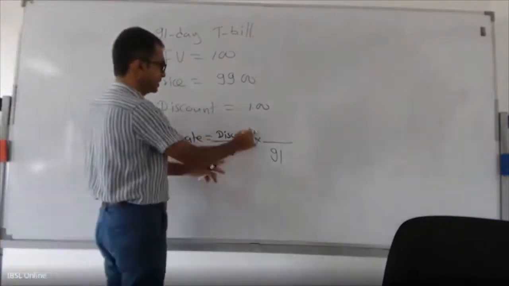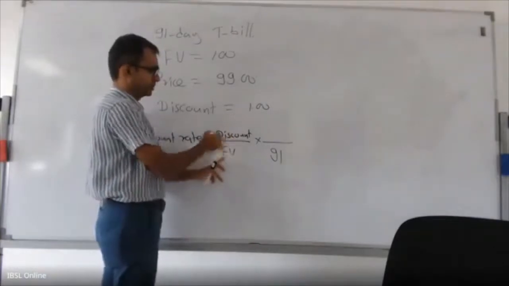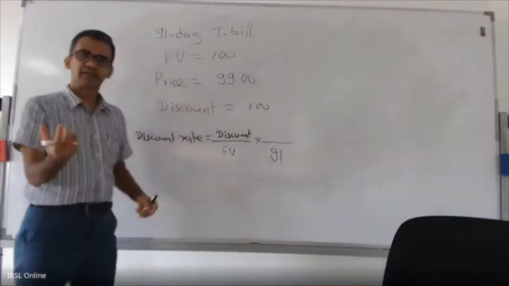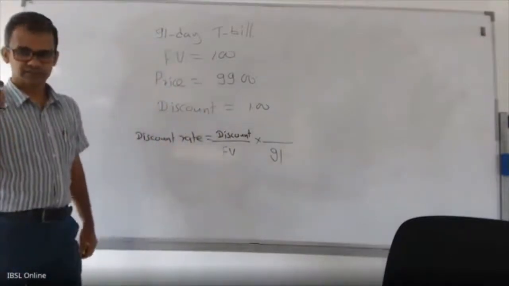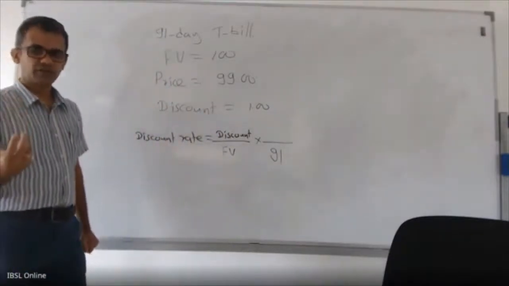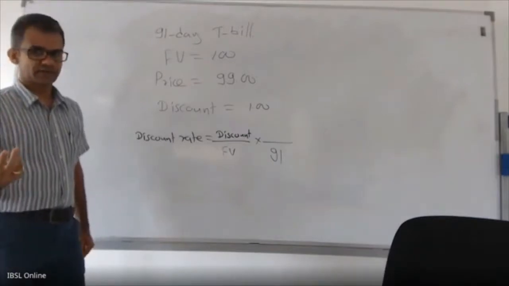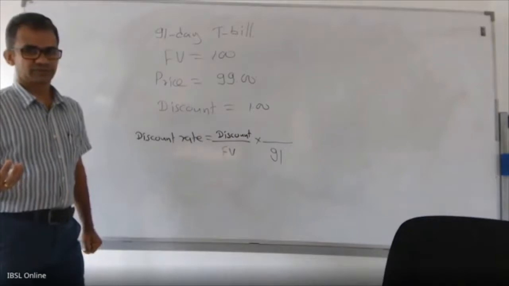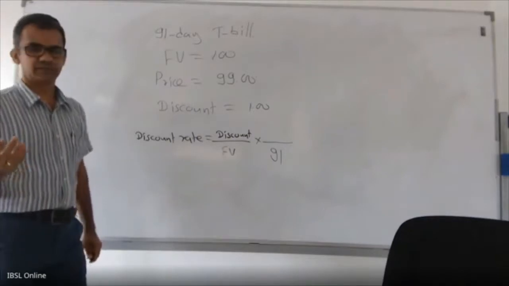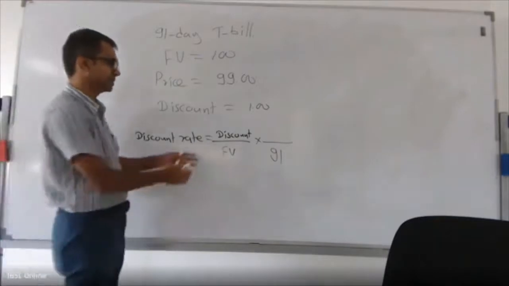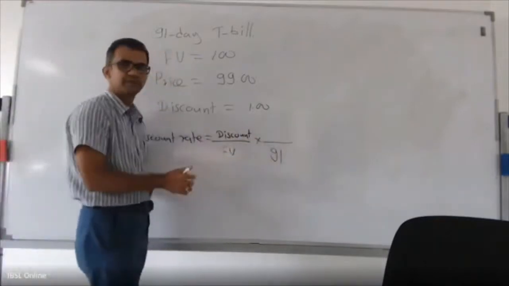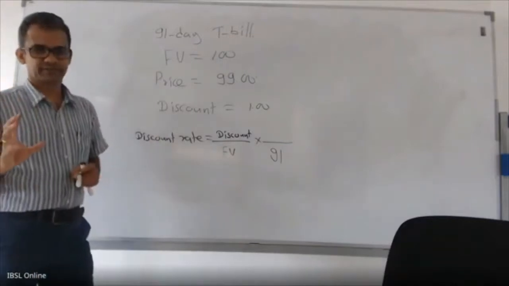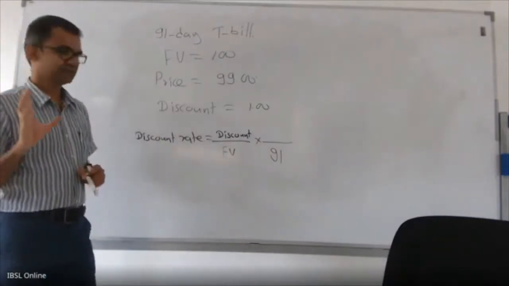This is the discount rate for a 91-day period, so we divide it by 91 and get the applicable rate for a single day. Now we want to make it an annual figure. What do we do? Now we know the rate for 1 day, multiplied by the number of days per year.